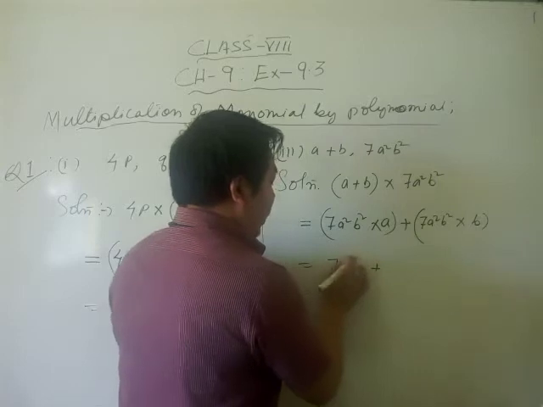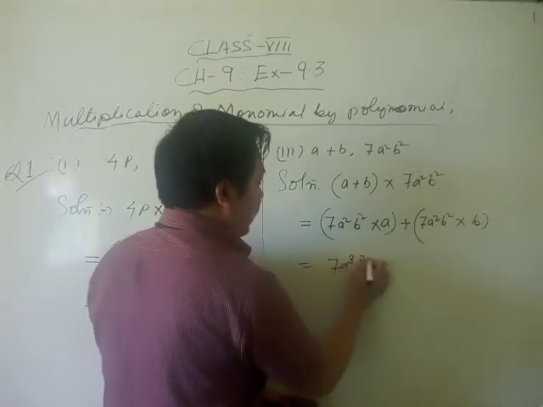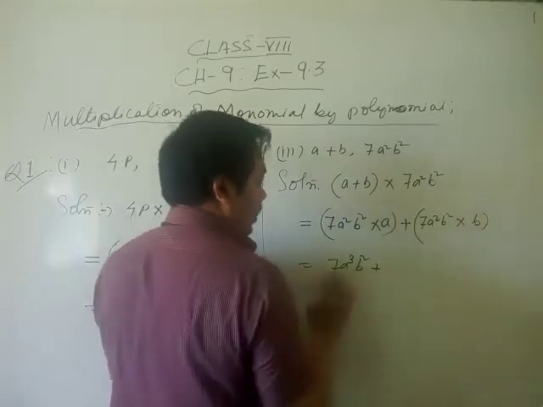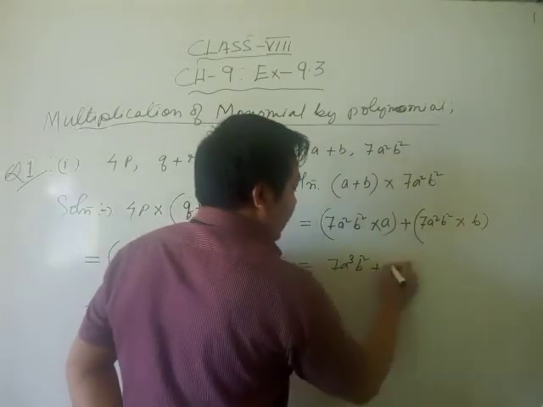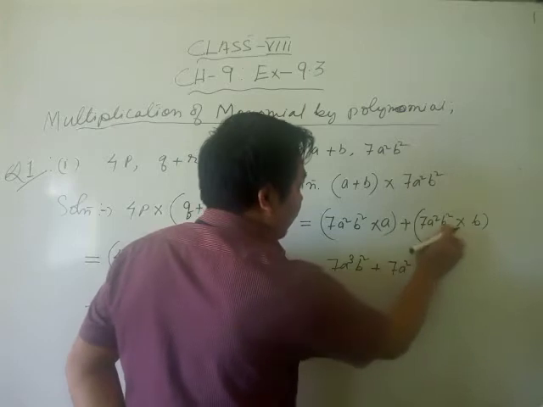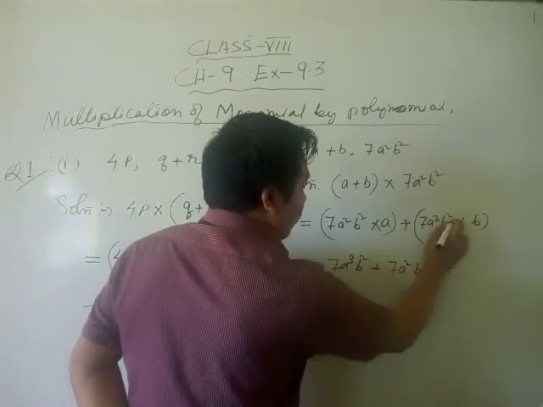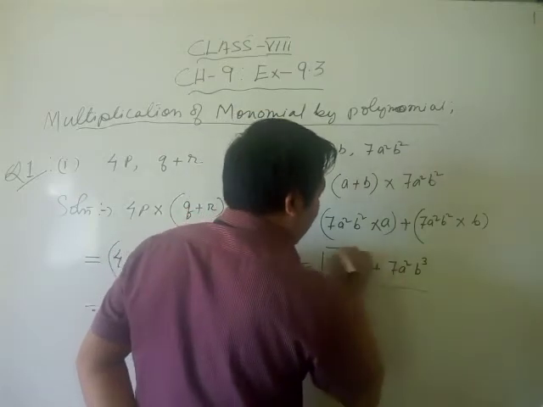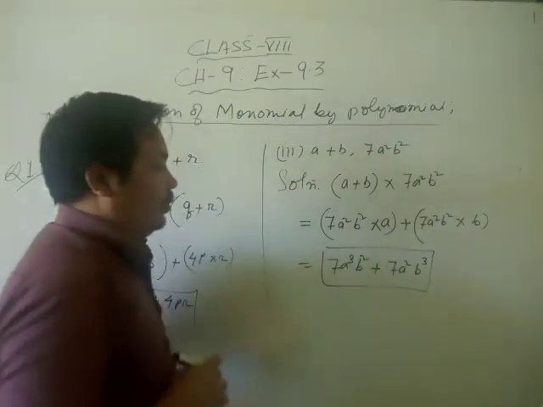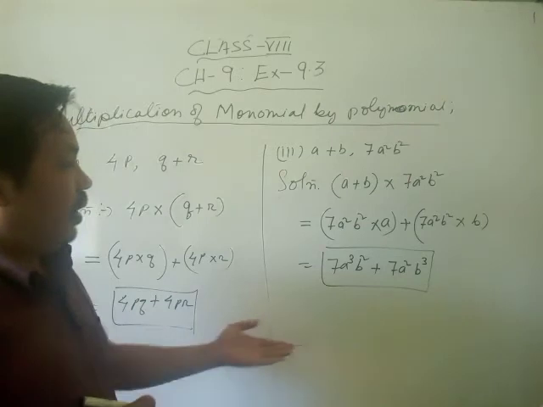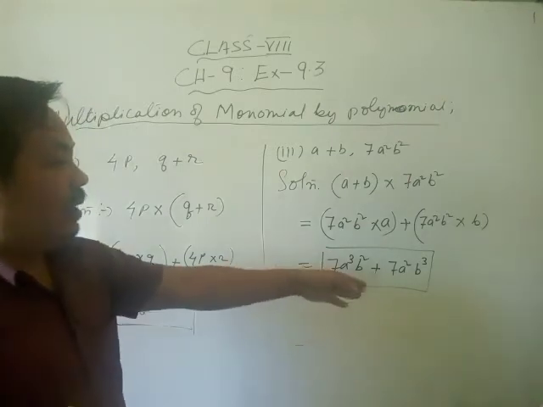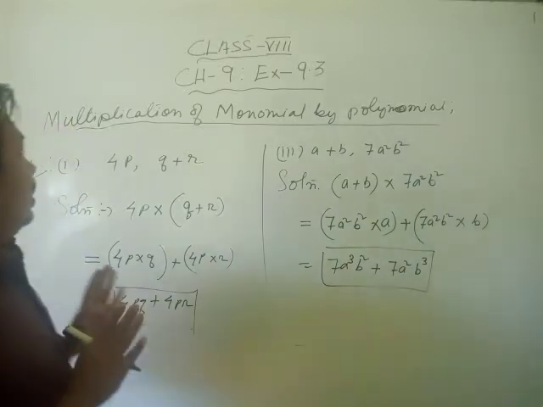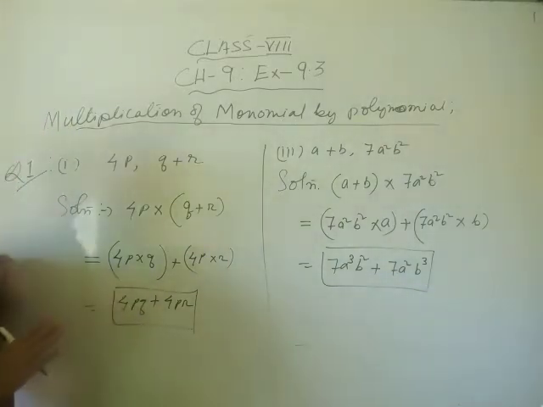So a will become a cube, b will be b squared. Then plus, the next multiplication: 7a squared b squared into b. 7a squared will be as it is, but b squared and b, that is b cube. So this is the answer: 7a cube b squared plus 7a squared b cube. So this is the answer of the multiplication of the monomial by polynomial.